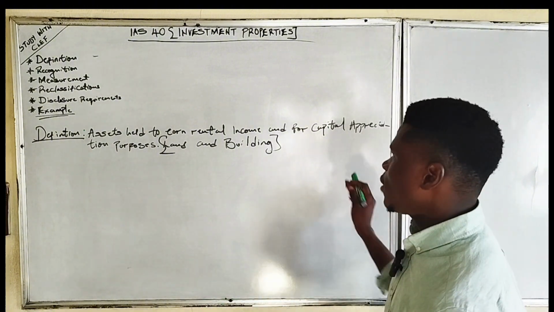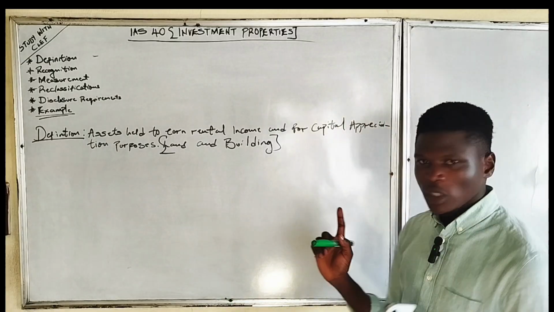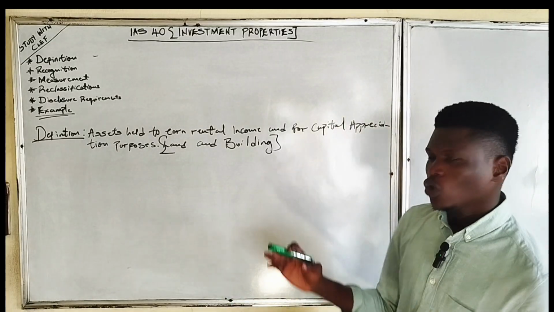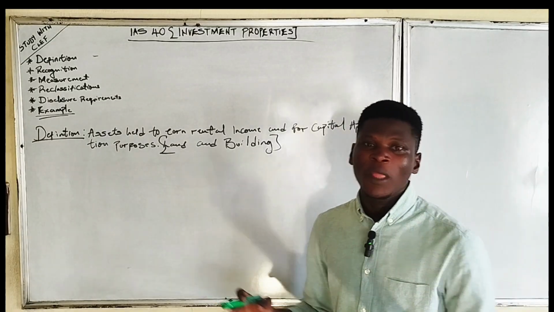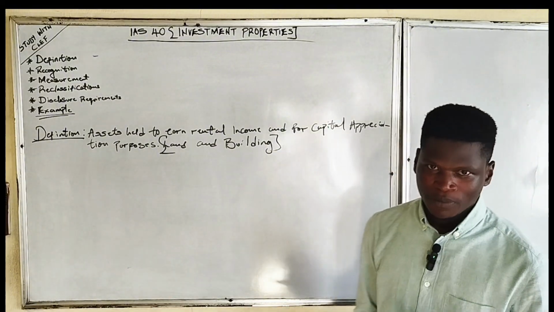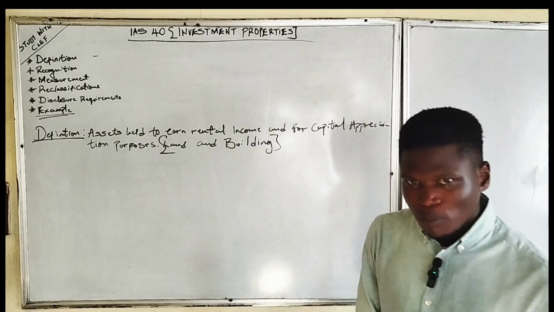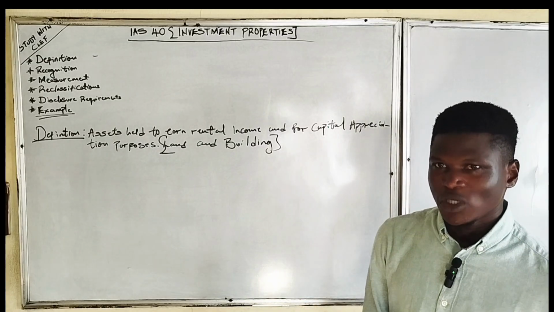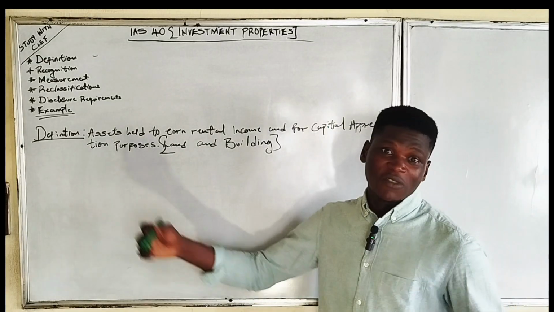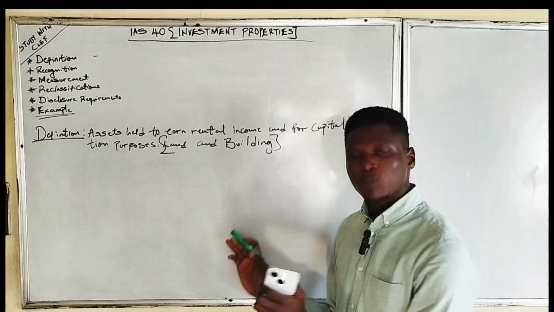We can classify that building as investment property if the proportion apportioned for rental purposes is higher than that which we are using ourselves. Meaning that if we use a smaller portion of it for administrative use and use, for example, 70% of the whole building for rental purposes.